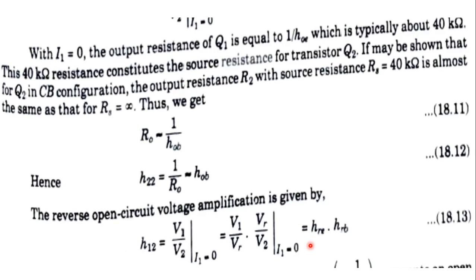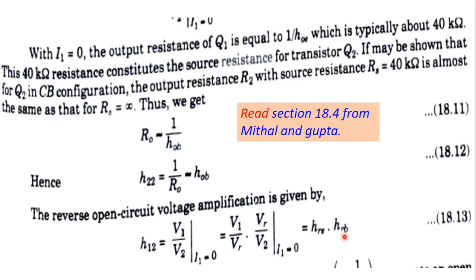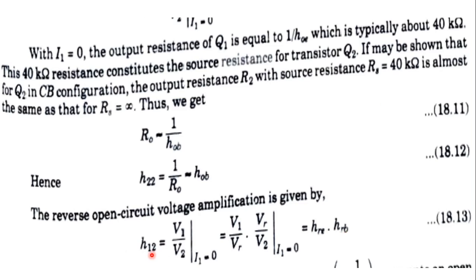For common emitter this becomes HRE, and for common base it becomes HRB. So H12 becomes the multiplication of HRE with HRB.